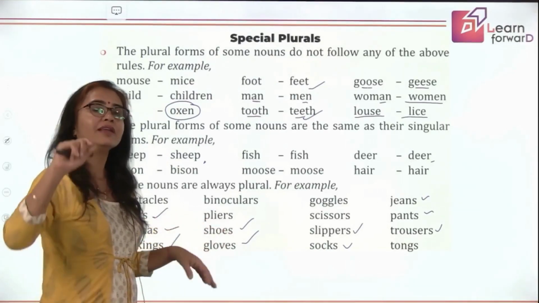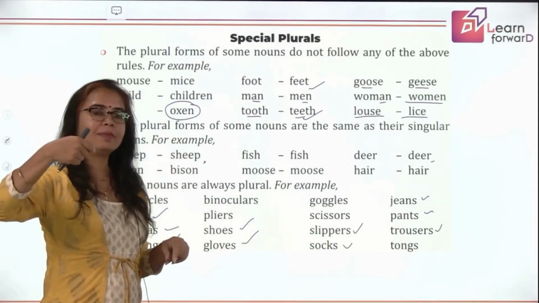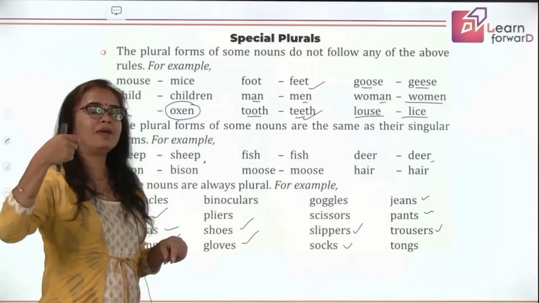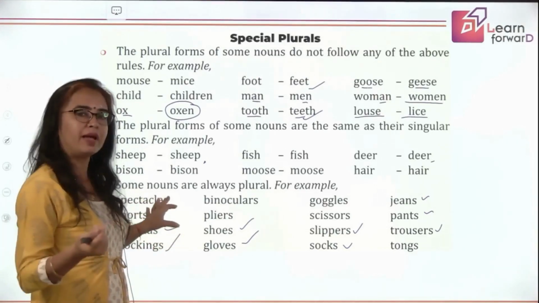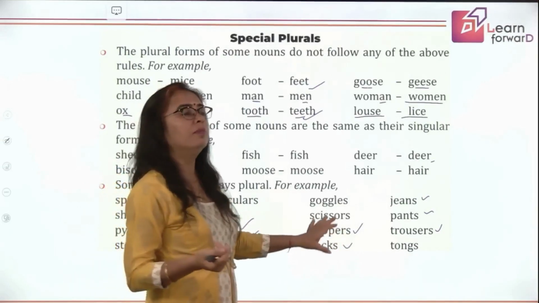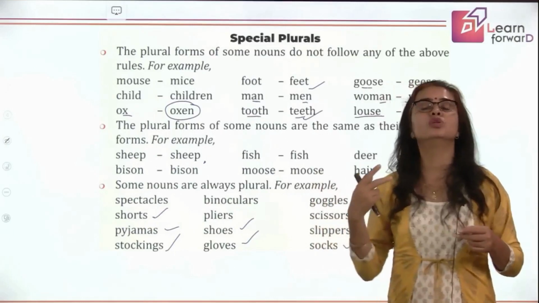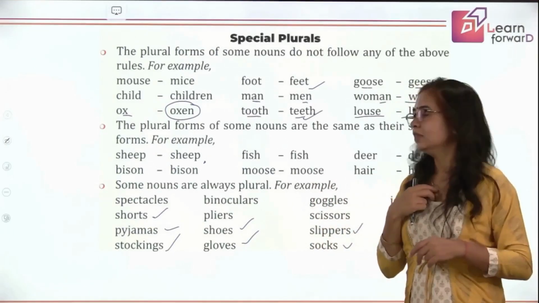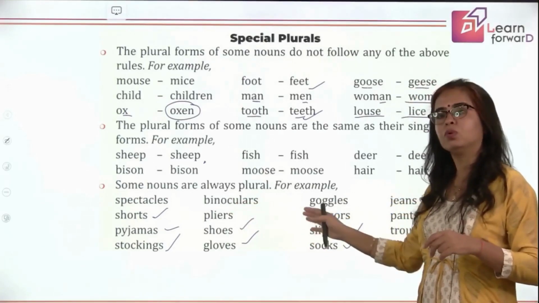Pliers that the electrician uses. It has two parts. The tong that mama uses to make chapatis. It has two parts together. So students, what I mean to say is all these words are always used in plural because the two parts are always used together, right? That is why we say them in singular and plural same.